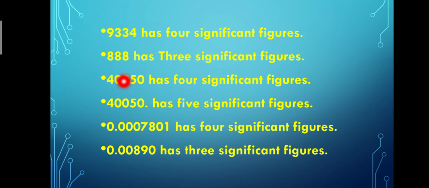So these digits are significant, and this final zero, which is a trailing zero without decimal, is not significant. So 40050 has four significant figures.